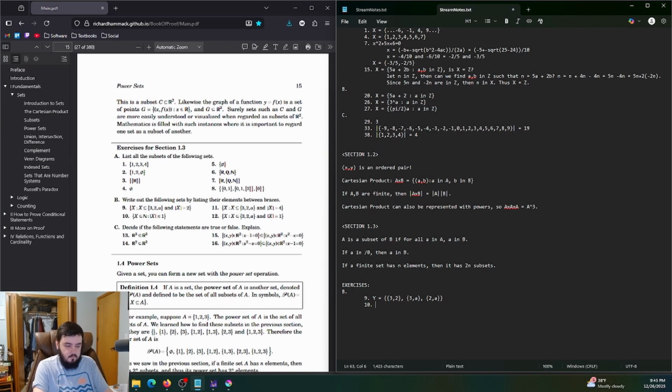What about 10? I think it's going to be empty. It'll be all the subsets of the natural numbers with a cardinality of 1. We found the one with a cardinality of 0. It's just the empty set.